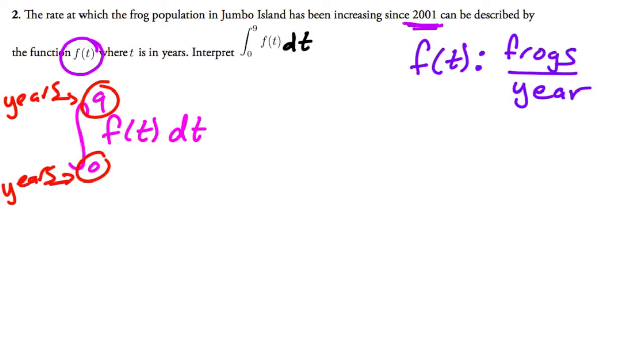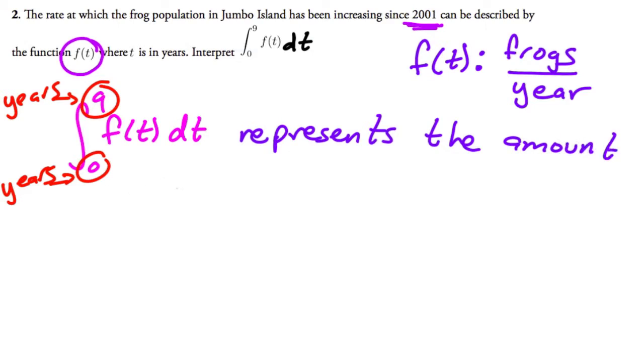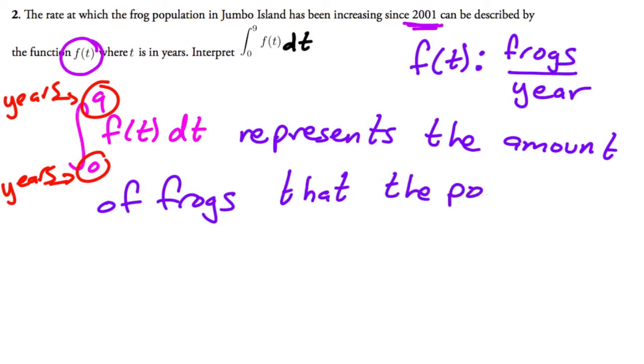If f of t is the rate of change of the population, then the integral represents the number of frogs that the population increased by.